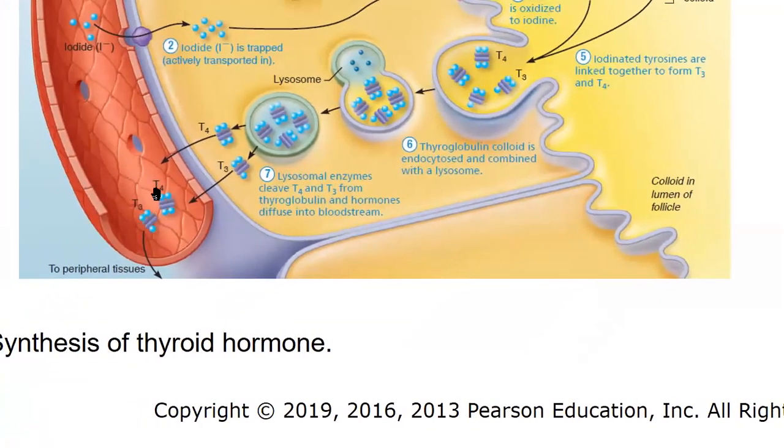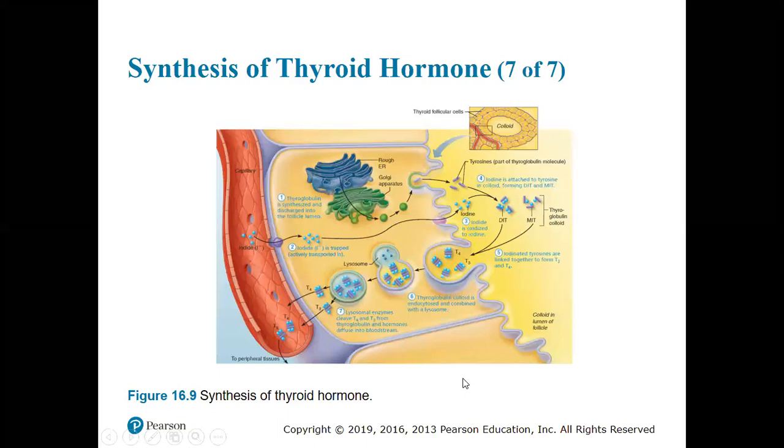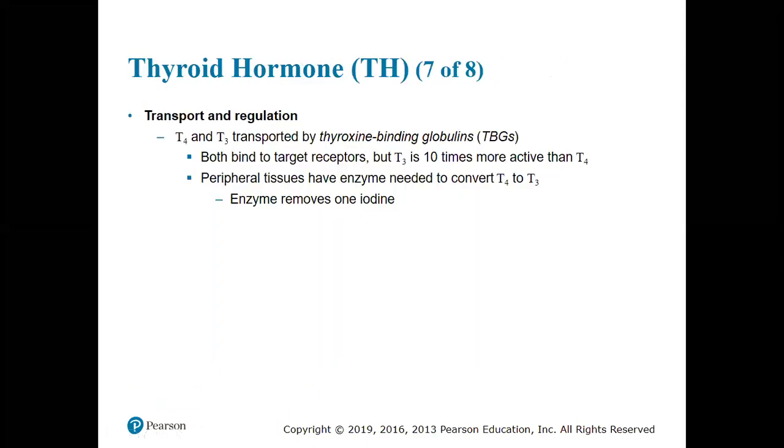And now you have the production of your T4 and your T3 going back into peripheral tissues. Again, T4, T3 transported by the thyroxine binding globulins. What else do I want to say here? Peripheral tissues have the enzymes needed to convert. Yeah, enzymes remove. Yep.